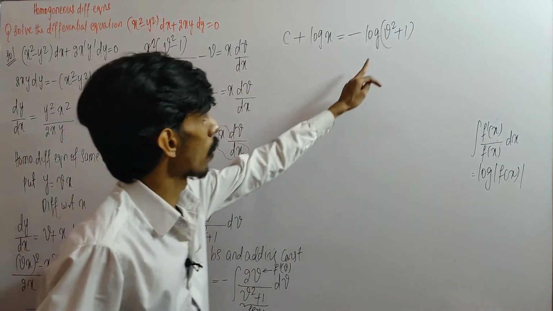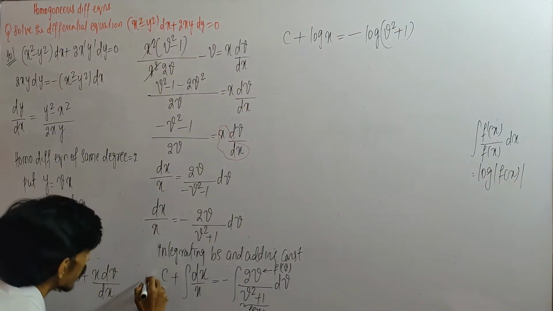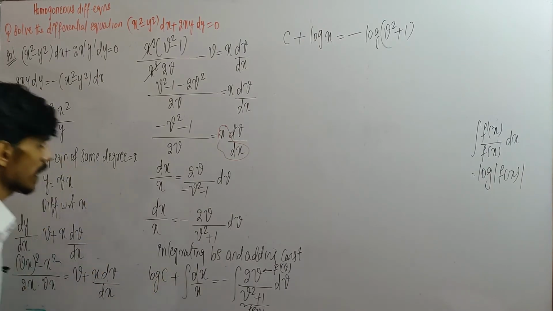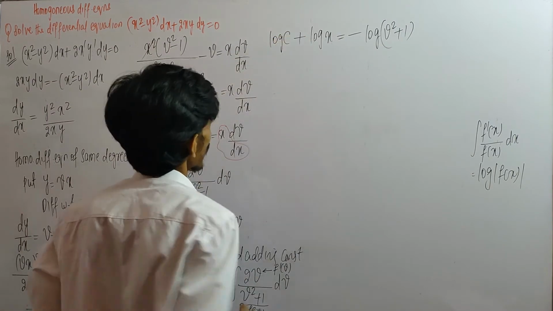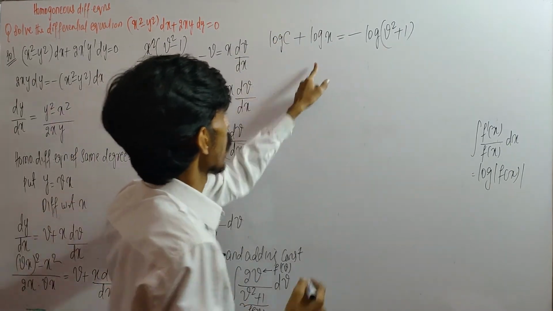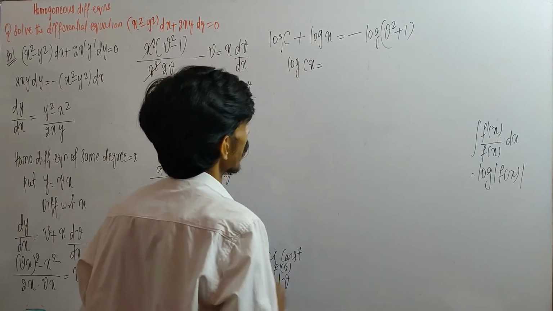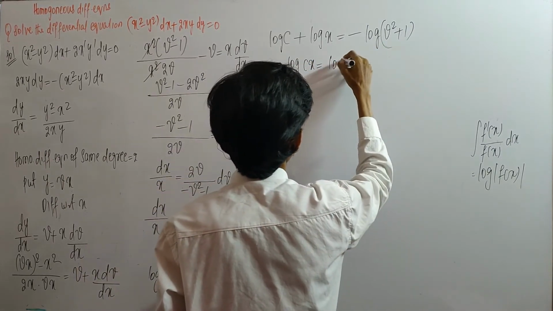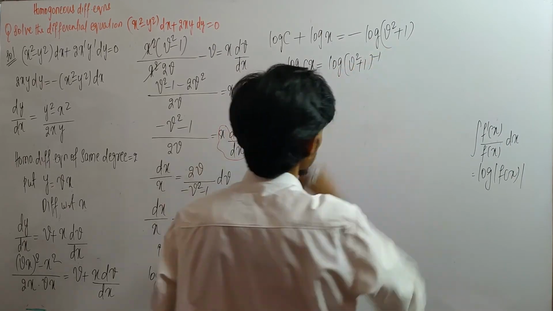Here we have log, so this constant is also log. So let us take log c as a constant. So log a plus log b will be log cx. Here this will become log of v square plus 1 whole power of minus 1.